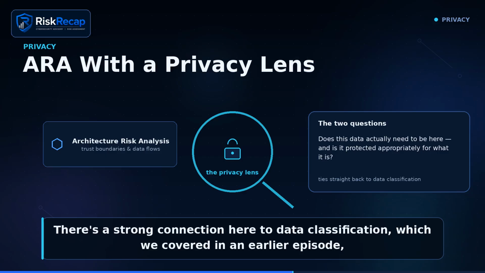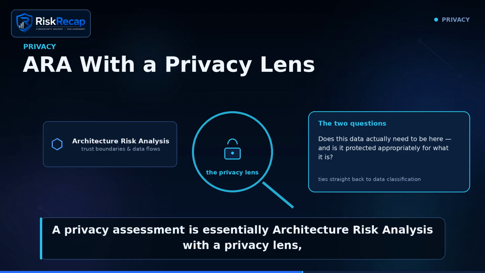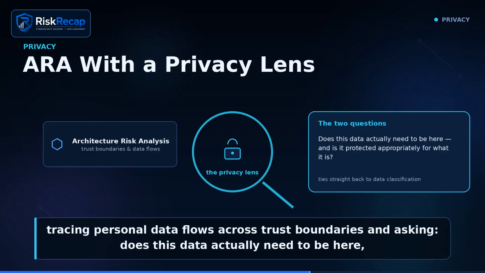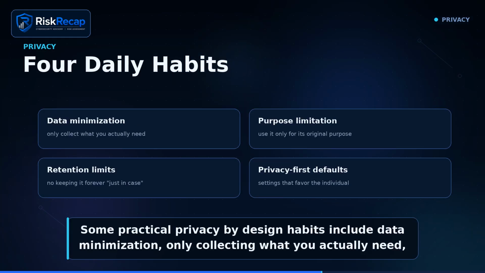There's a strong connection here to data classification, which we covered in an earlier episode, and to architecture risk analysis. A privacy assessment is essentially architecture risk analysis with a privacy lens, tracing personal data flows across trust boundaries and asking, does this data actually need to be here, and is it protected appropriately for what it is?